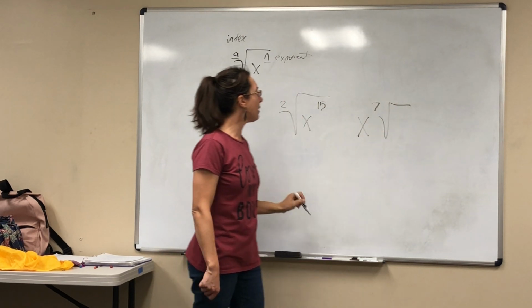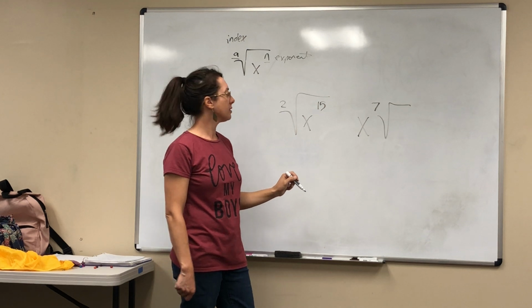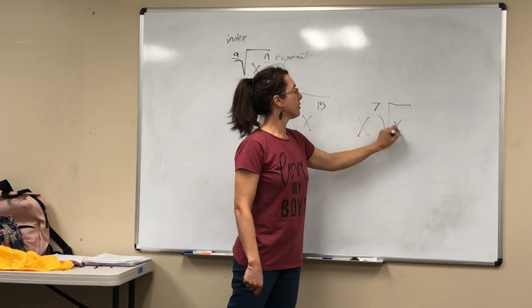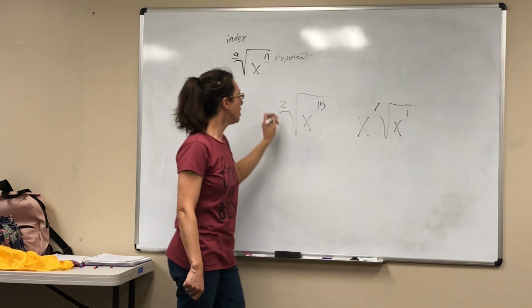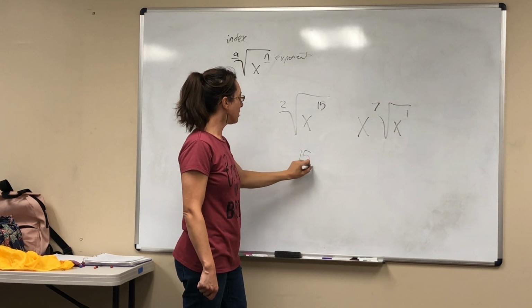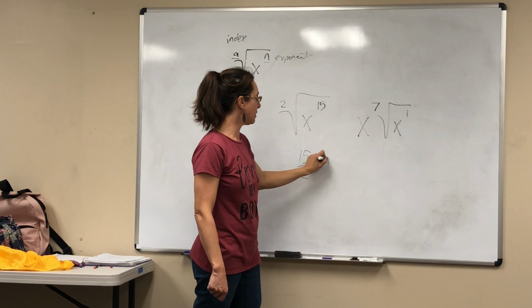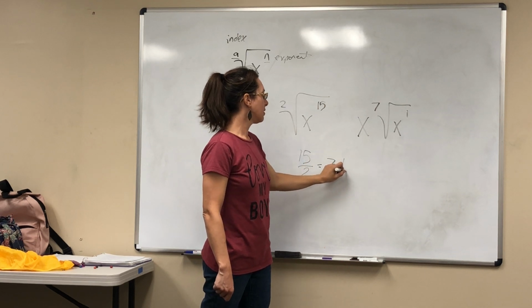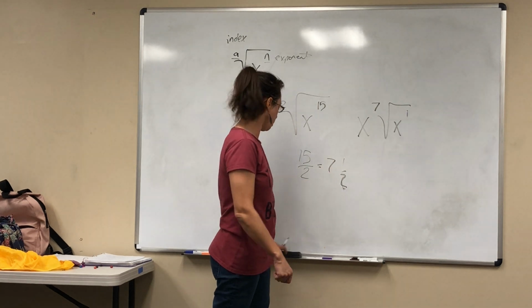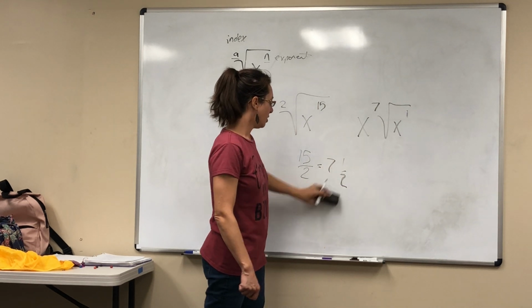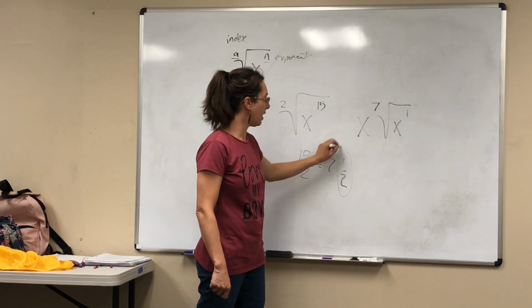What do I have remaining underneath? Just x, to the 1, if that helps to see. So 15 divided by 2 gives me 7, and this says 1/2, so we'll also use this in a minute. So I have 7 and 1/2.